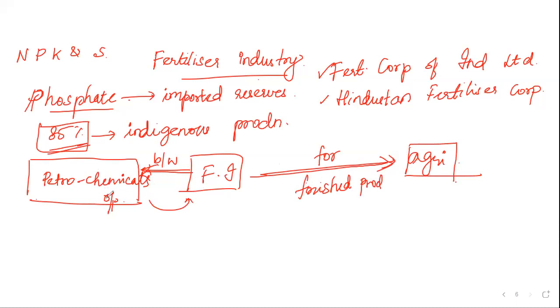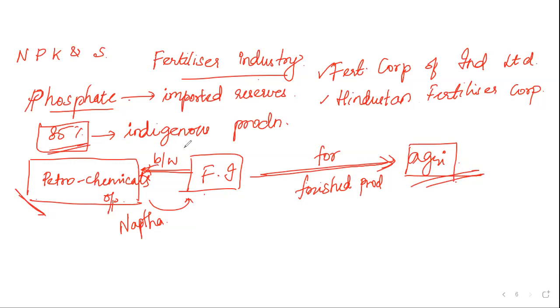A very important byproduct of the petrochemical industry is naphtha. That is an important component of the fertilizer industry. So it has very important forward and backward linkages. Agro-based industries are also dependent on the fertilizer industry. The petrochemical industry is also dependent on the fertilizer industry.